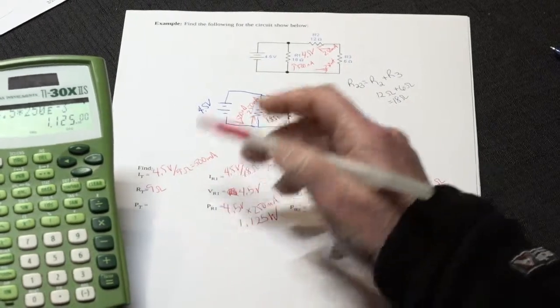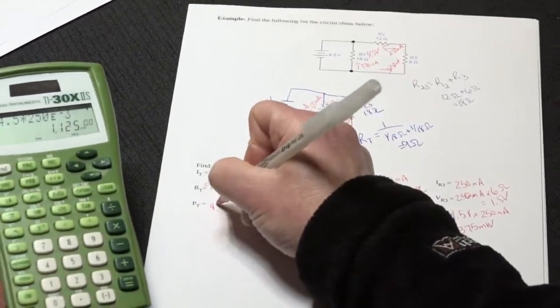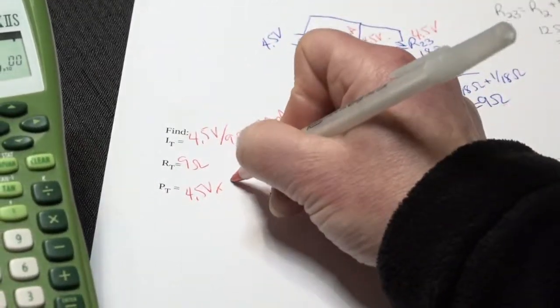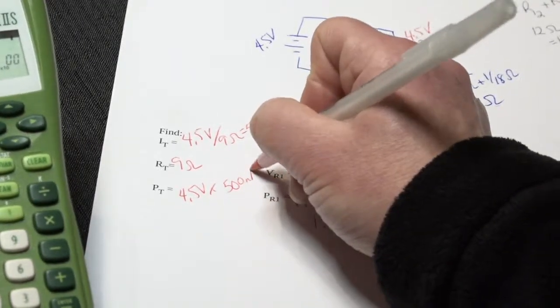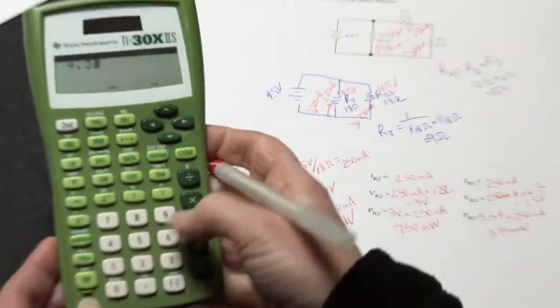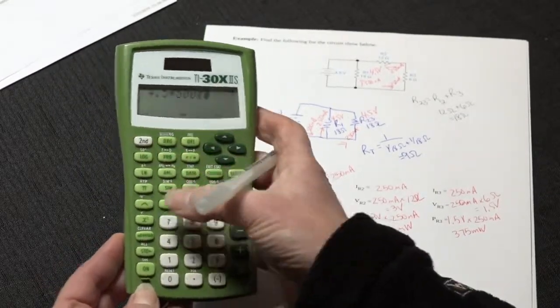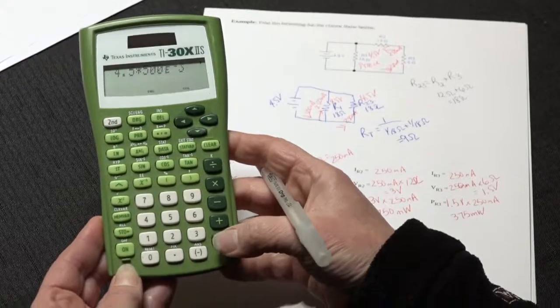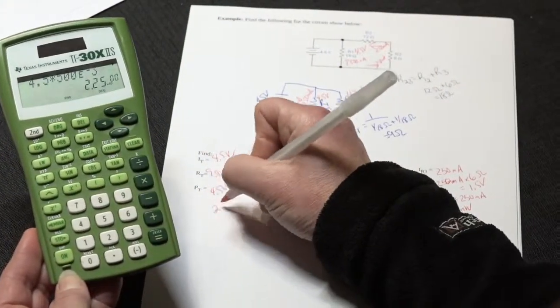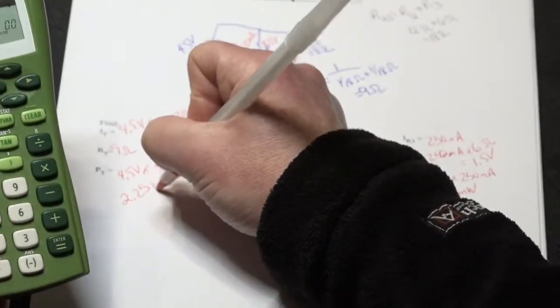And our total power should be 4.5 volts times 500 milliamps. So 4.5 times 500 milli gives us 2.25 watts.